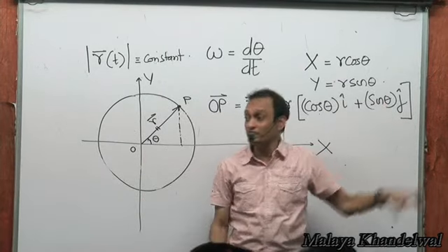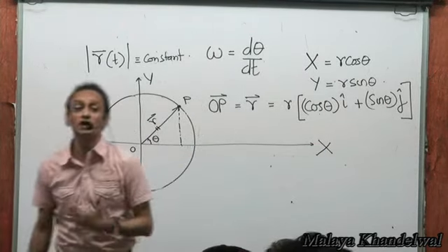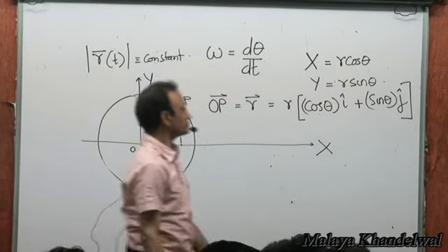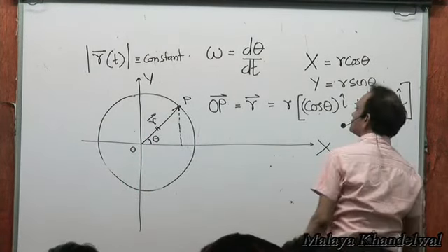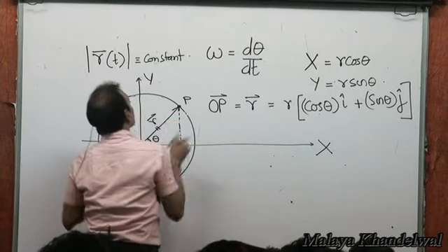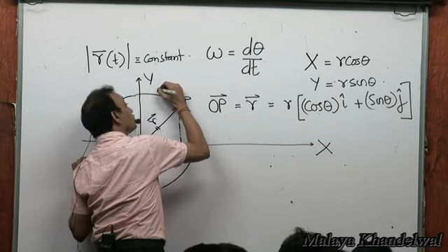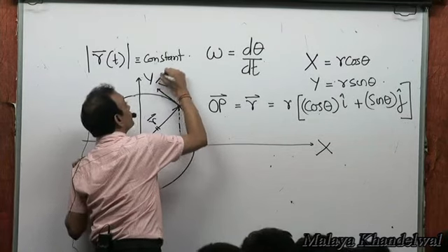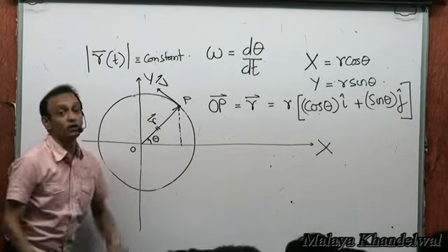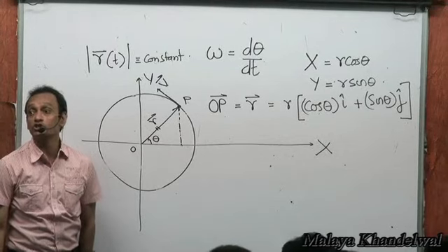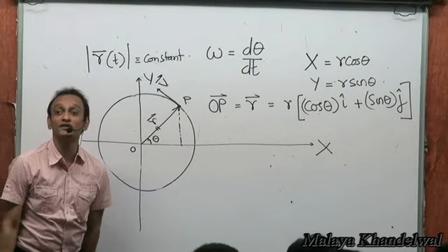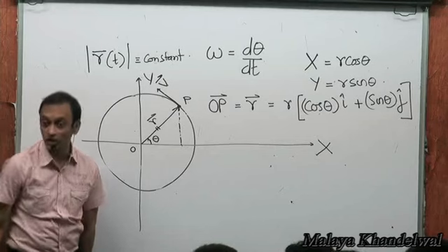So this R vector will be a function of time. The linear velocity of the particle will always be perpendicular, which we will also demonstrate. I'll be able to demonstrate that V is perpendicular to R. I'll be able to demonstrate very shortly.